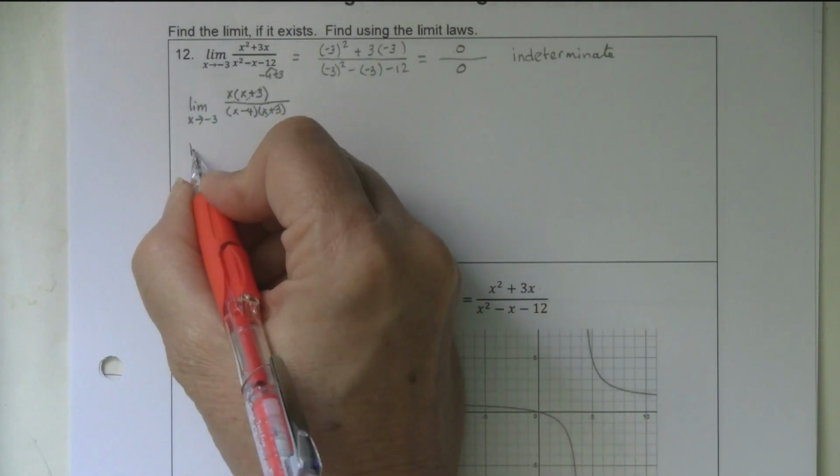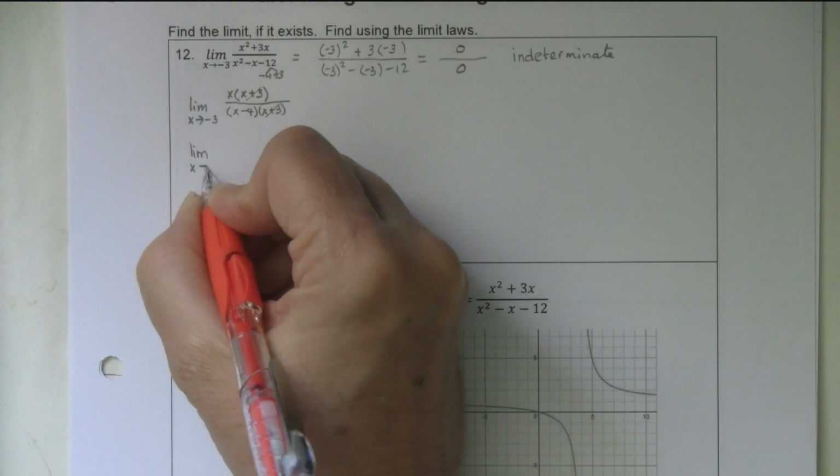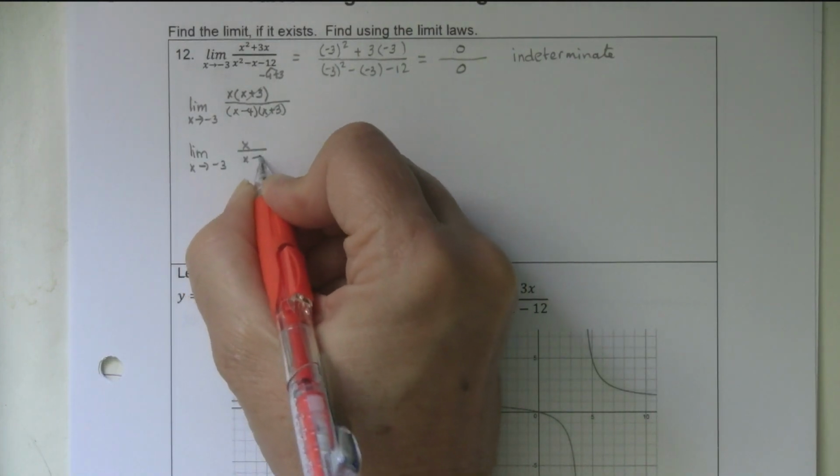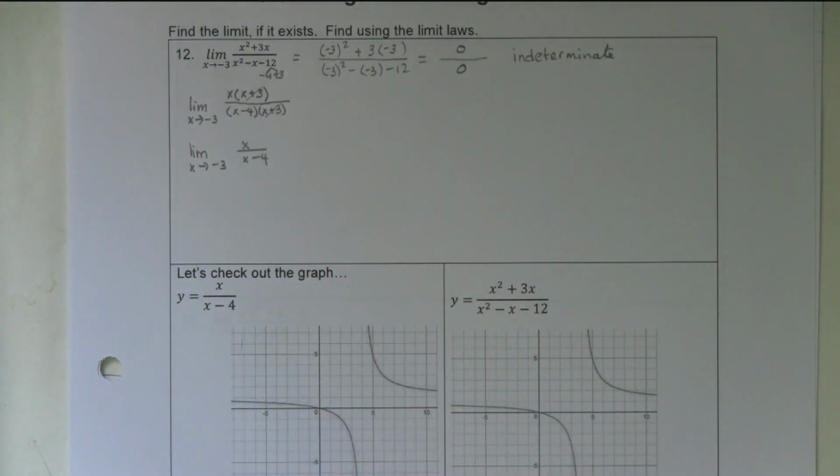So now I'm asking you to find the limit as x goes to negative 3 of x over x minus 4. And so now this is one that I've converted, by reducing, by simplifying, into one that I can use substitution, because it's okay to use direct substitution if your denominator is not 0.